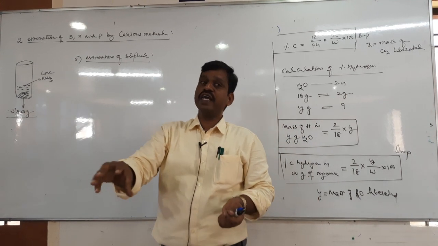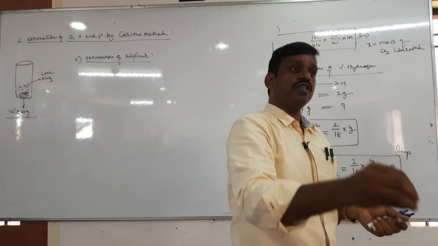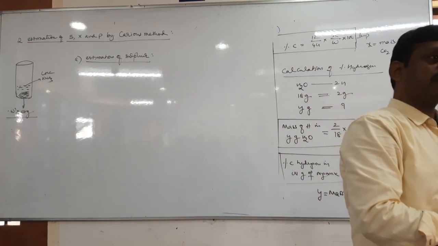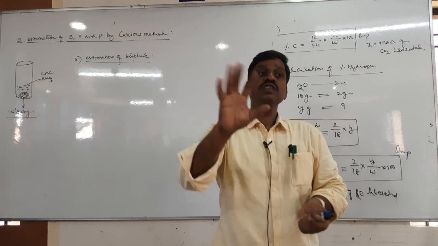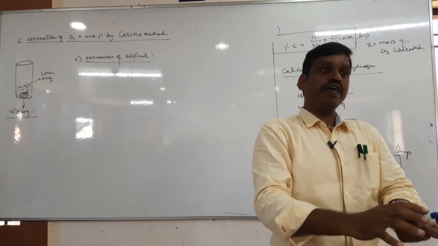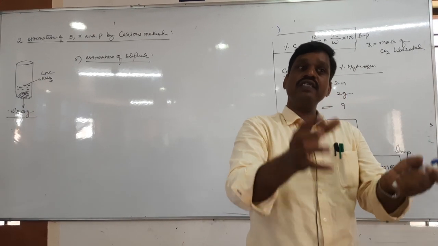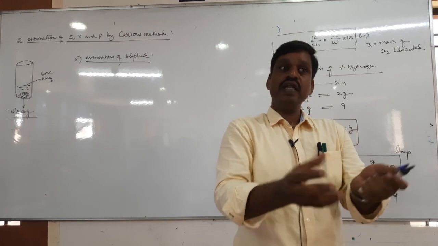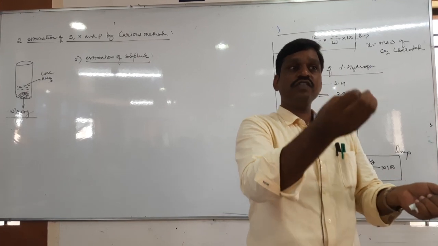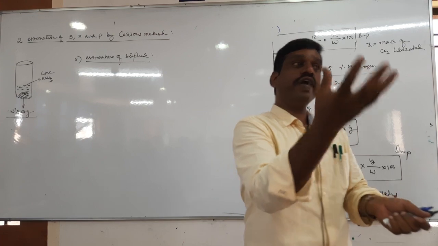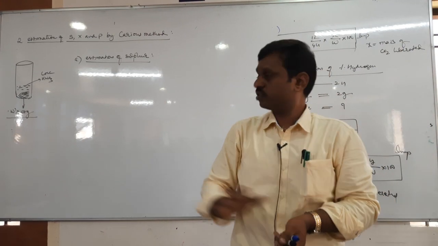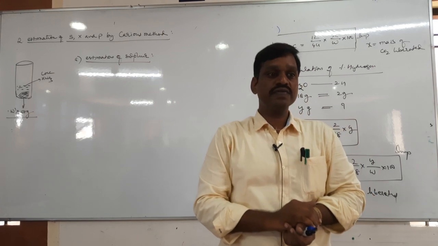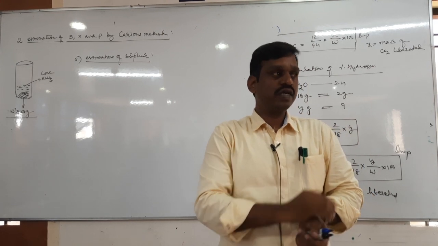That sulfuric acid is then treated with barium chloride. It forms a white precipitate of barium sulfate. That barium sulfate is washed, dried and weighed. From the weight of barium sulfate, the percentage of sulfur can be calculated. This is the process.